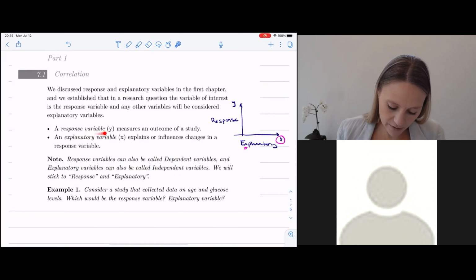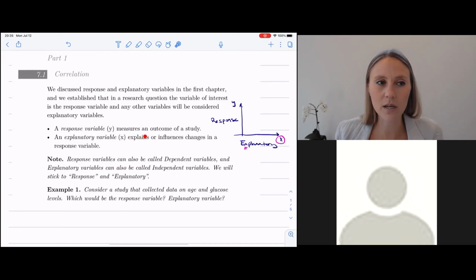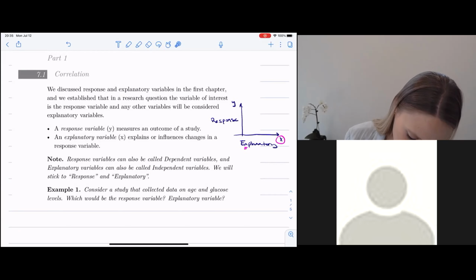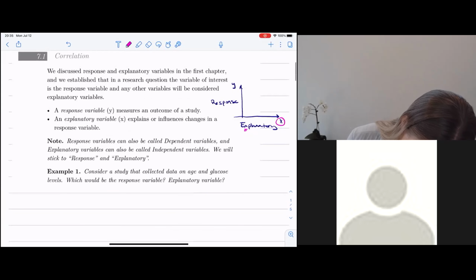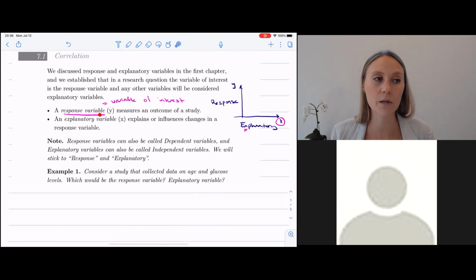So the response variable, which goes on the y-axis, measures an outcome of a study. So it's always going to be the variable of interest. The thing that we're studying is going to be the response variable.